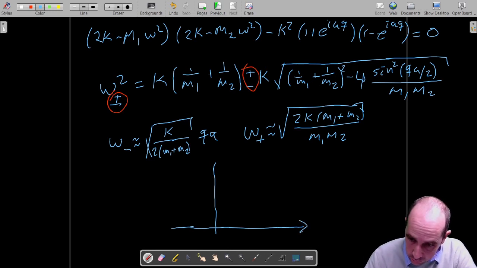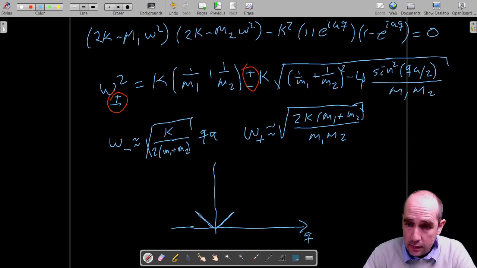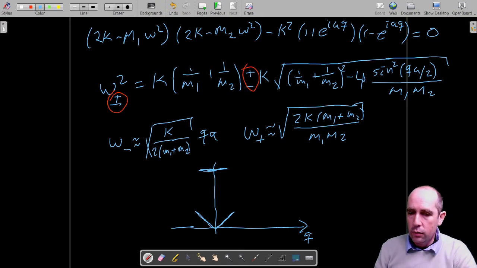So let's put here q. In the vicinity of the q equals 0 region, what we get is something that basically looks linear in both directions, and the other solution is somewhere here, and it looks more or less constant with this value.